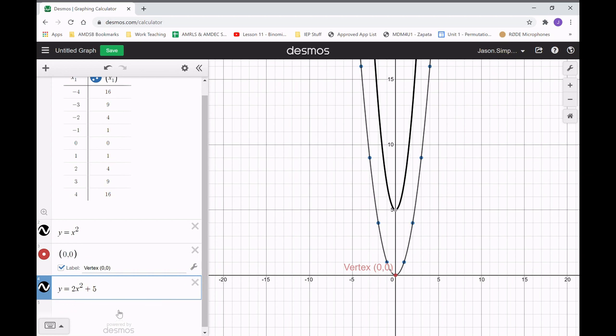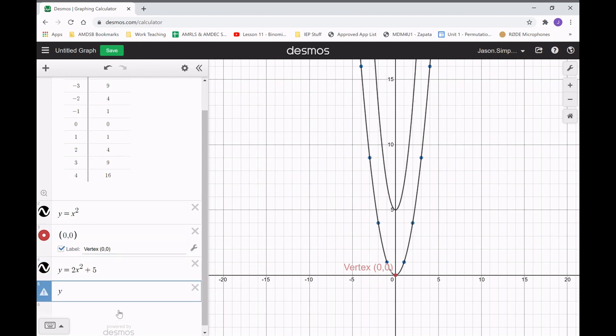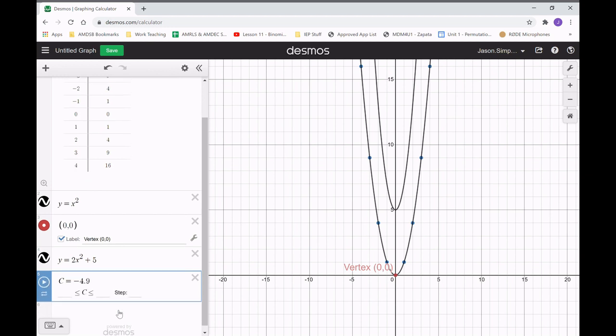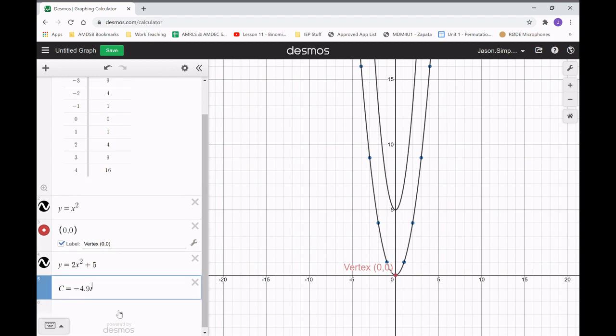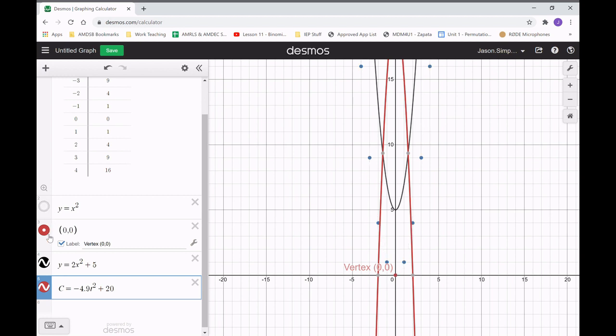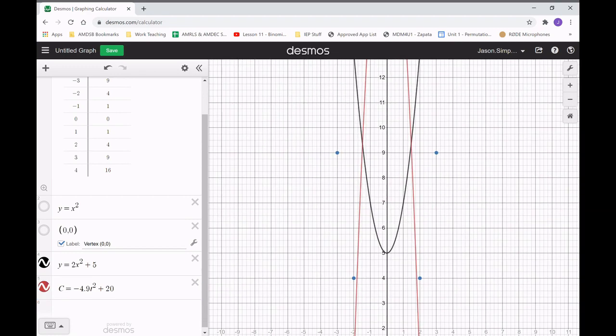We also have c is equal to negative 4.9t squared plus 20. Well, look at that. The graph is opening down. I wonder why that is. We'll take a look at that later.